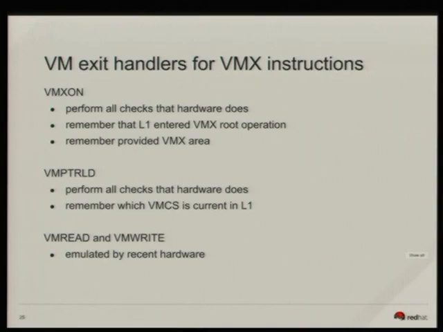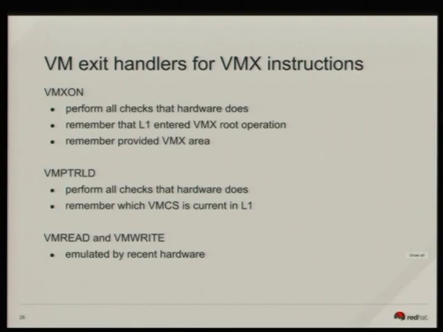So now that we know what we roughly want to do in nested VMX exits, we can implement them. We can't use any hardware checks like the other instructions did. So, for example, for VMXON, we'll just perform all the checks: if CPU ID is enabled, if VMXE in CR4 isn't set, and so on.